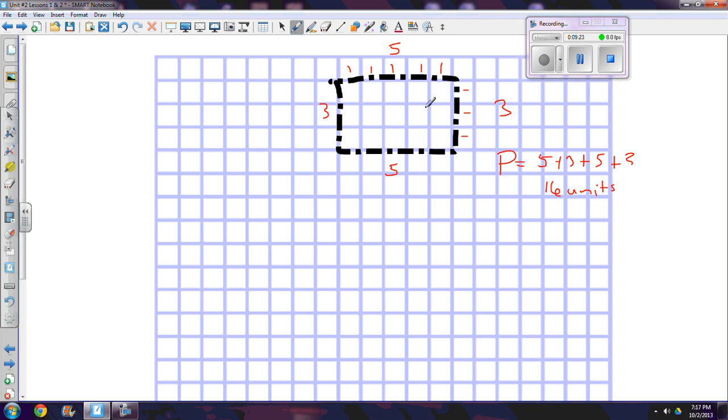So the area then would be 5 times 3, length times width, which would be 15, and now because it's area, it's units squared, or you could say squared units, it'd be the same.